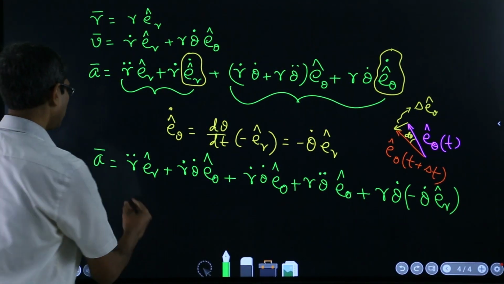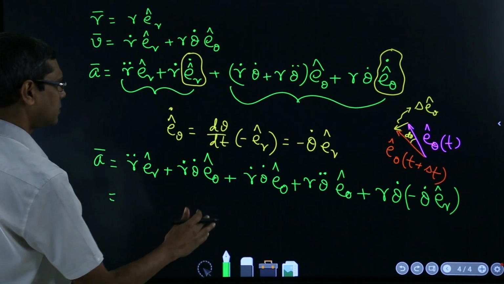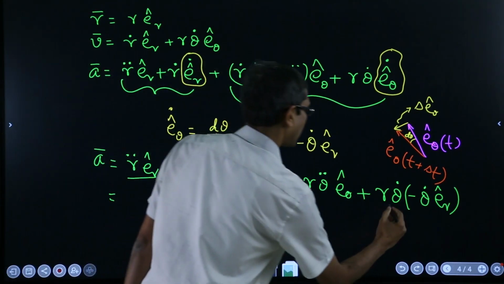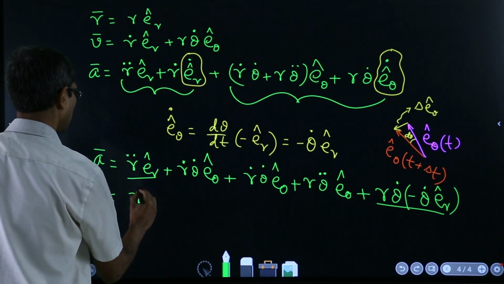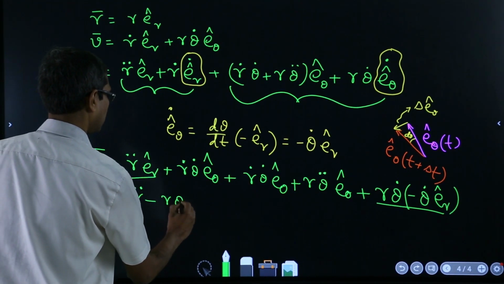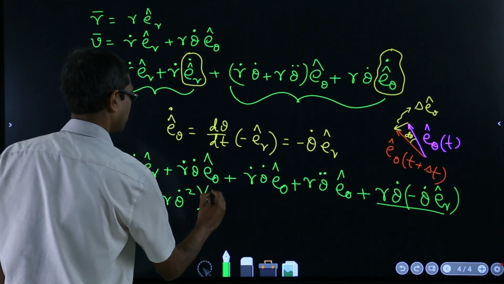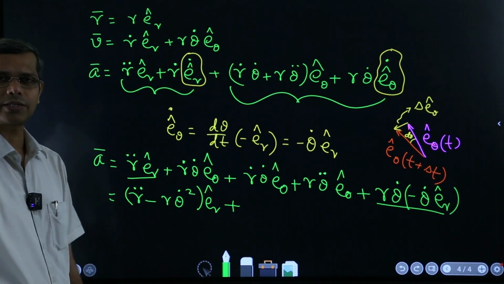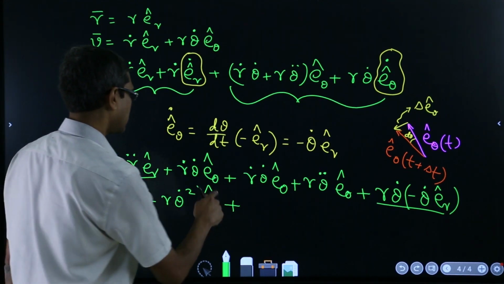fine. So which will be equal to, now I will just club the similar terms. Now ER is here and here, right? So let me write them together. So r double dot minus r theta dot square times ER, plus, so these are in the direction of ER and all other terms are in the E theta direction.